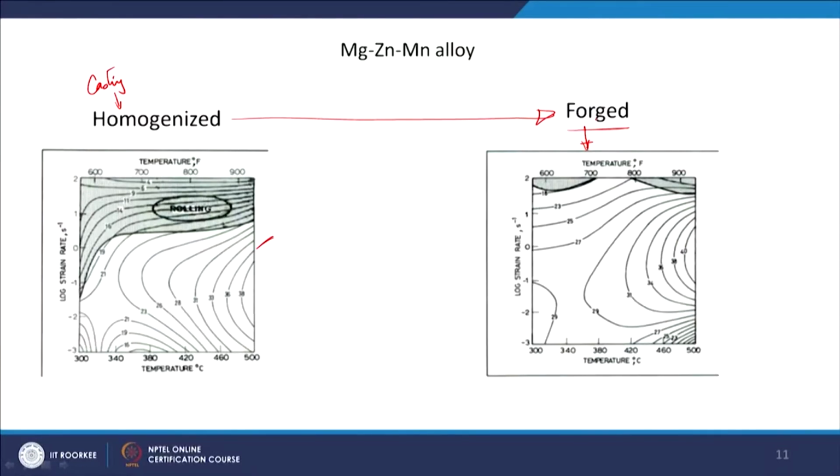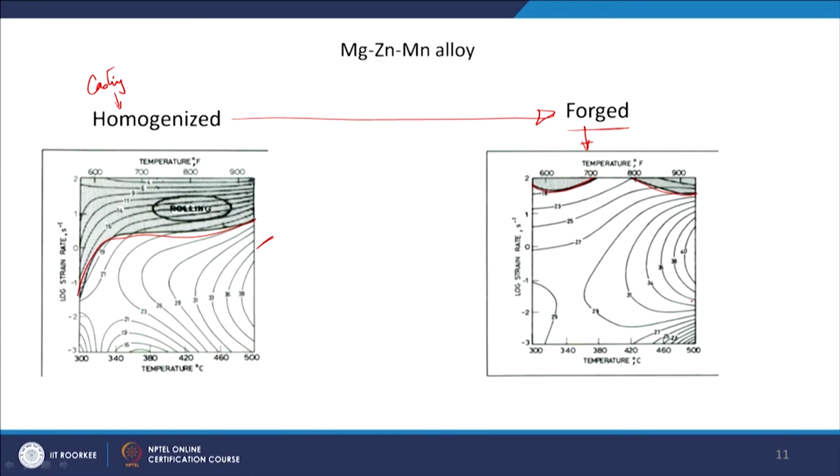So, you can see that as you have done one forging, now you have brought the material into a wrought condition, and your unstable region has shrunk. Okay. Here the unstable region was very big, covering a large processing window, whereas this unstable region is now limited to a very small processing window. Okay. So, now it has opened my processing window for the alloy by doing a forging operation.